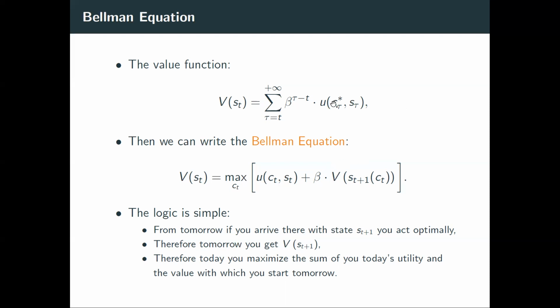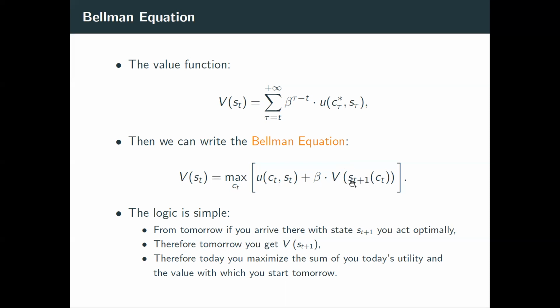In this value function, we act optimally. If you act optimally from period T onwards, it means that you act optimally from period T plus 1 to infinity as well, because it's always optimal. Therefore, this second term will be exactly beta times the value function, and the argument of the value function will be exactly ST plus 1.